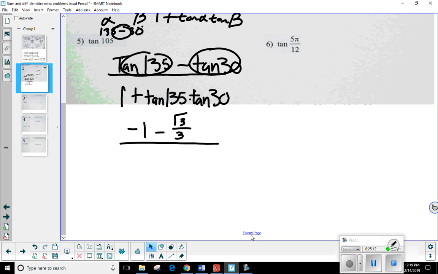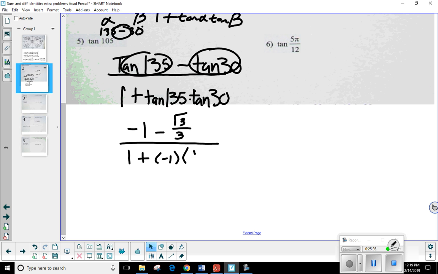Okay. Now the rest of them, we already know. We have this 1 right here, so 1 plus. What was tangent of 135? That was negative 1 times what was tangent of 30? Was it negative? That one was positive. The only reason this one is negative is because, remember, in the formula, we were subtracting it.